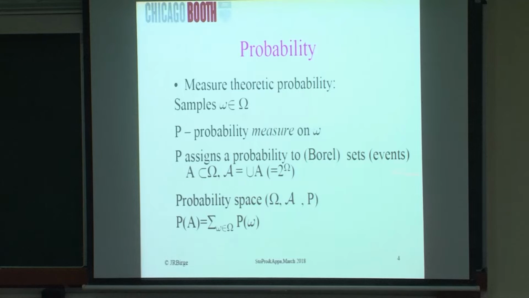So the number of these possible subsets you could think of as having a number of possibilities being like 2, that is, everyone is either in or out, to the power of the number of possible outcomes.